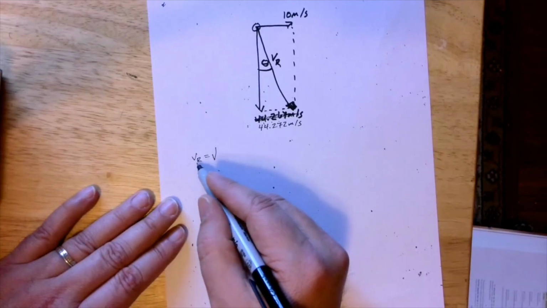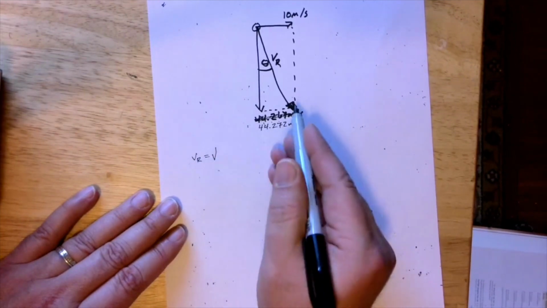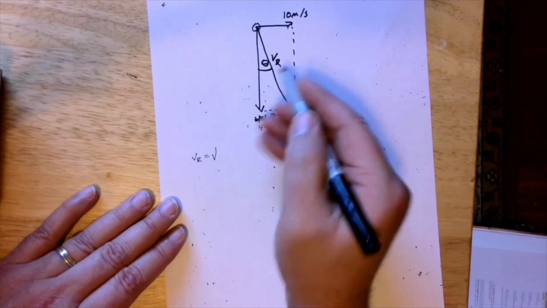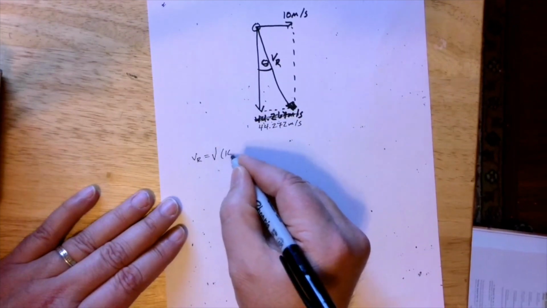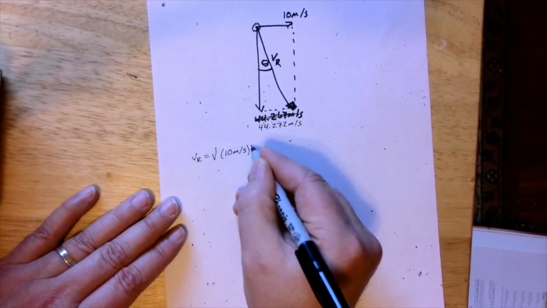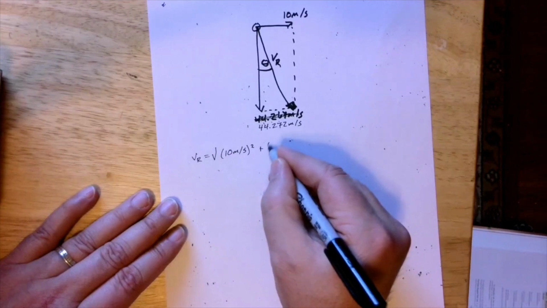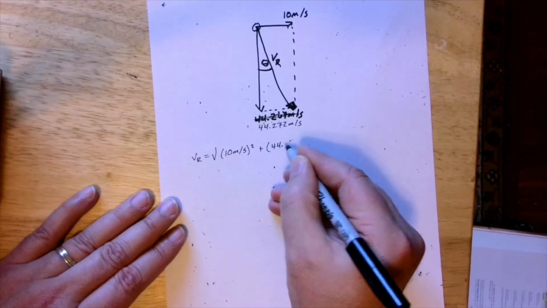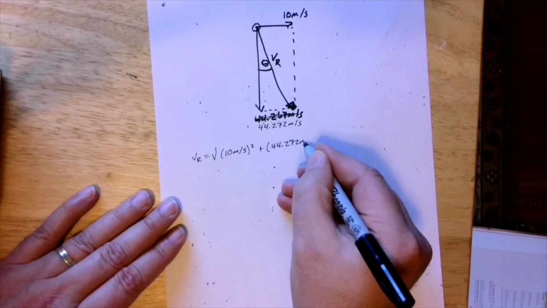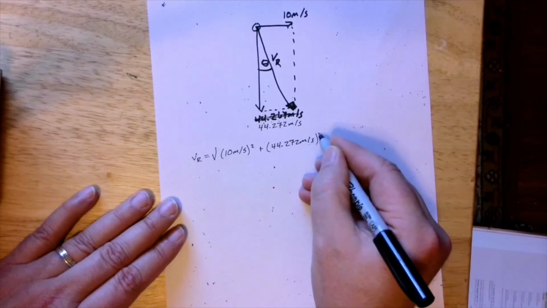So the resulting velocity is equal to the square root of 10 meters per second squared plus 44.272 meters per second, and if you use the other one, that's fine. Make sure you square that.